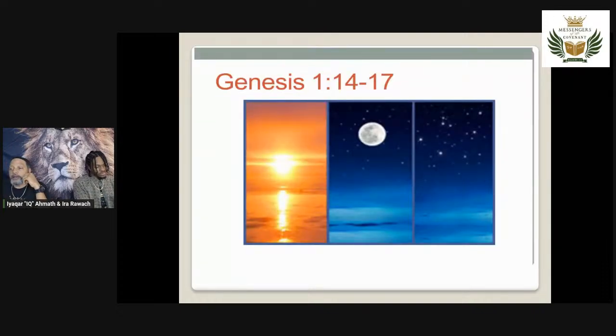In seeing Genesis 1, 14 through 17, we're seeing the different creations that the Most High made, right? Now give me Second Ezra, chapter 6, verses 45 and 46. The book of Second Ezra, chapter 6, verse 45.